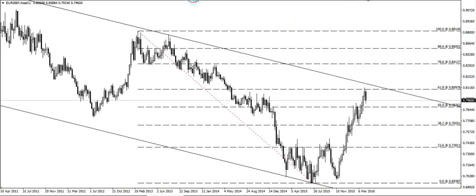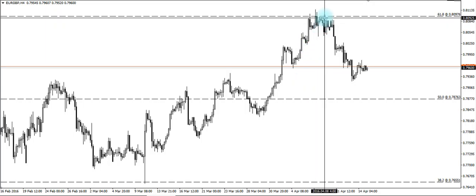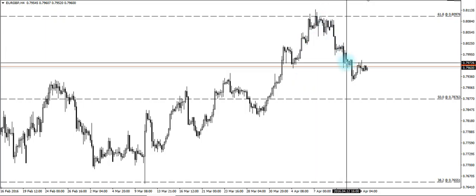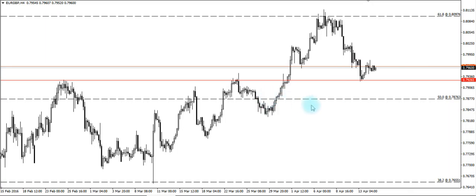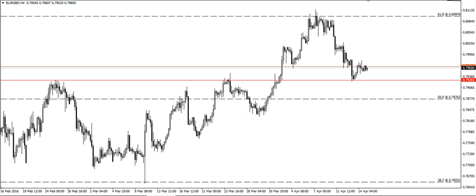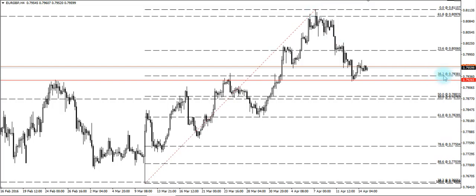In the 4-hourly charts, we can definitely see the price has fallen significantly, and is right now supported at the key resistance and support level, price of 0.7926, which is also just slightly below the retracement level of 30.2%.